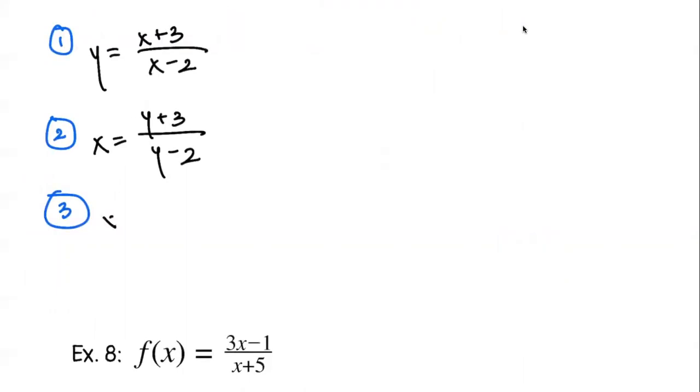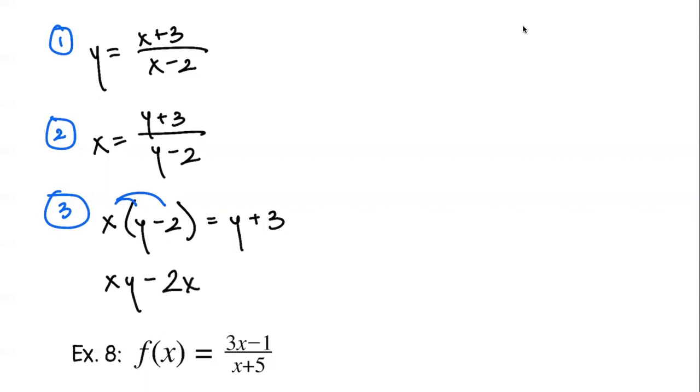So I'm going to get x times y minus 2 equals y plus 3. Okay. Now this is a really good example of sometimes the questions get messier before they get better. What I mean by that is we're going to go ahead and distribute this x here. So we're going to end up with xy minus 2x equals y plus 3.